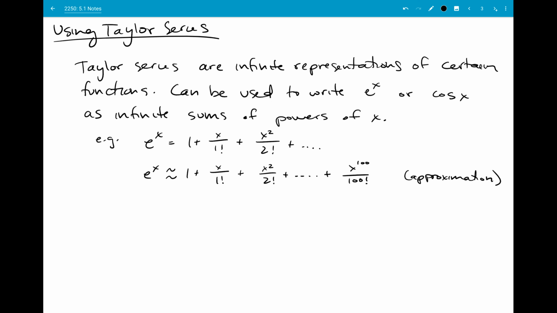So that's a Taylor series approximation. And the first thing is an infinite power series that would have been represented with n equals 0 to infinity of x to the power n over n factorial. So here's our n equals 2, x squared over 2 factorial, for example.